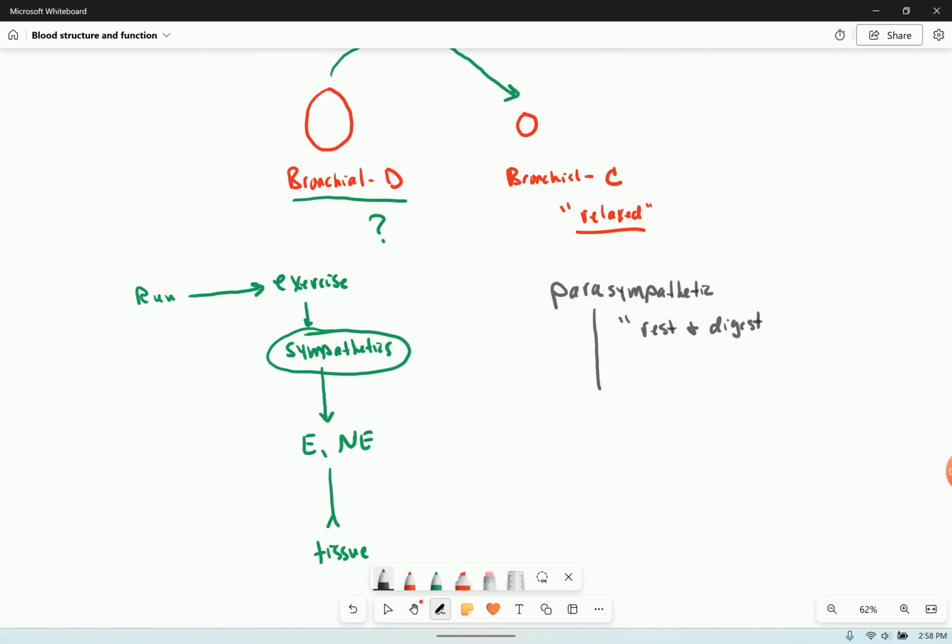The way your body knows to be in parasympathetics is because of acetylcholine. Acetylcholine is a neurotransmitter, and when it hits tissue, it tells it to be relaxed. So, relaxed breathing, relaxed bronchioles, relaxed heart rate, digestion does great in parasympathetics. Sleep is done well in parasympathetics.